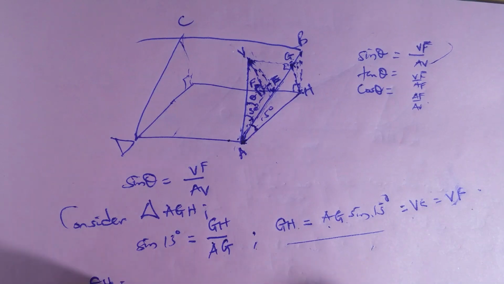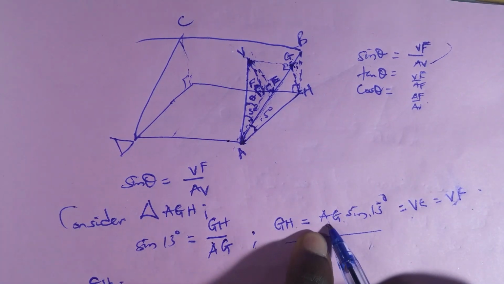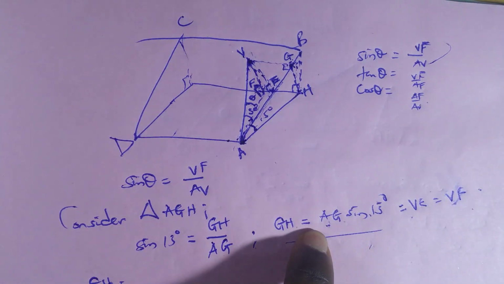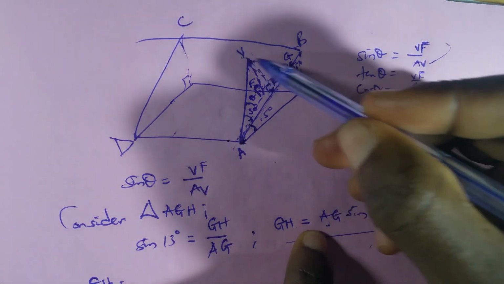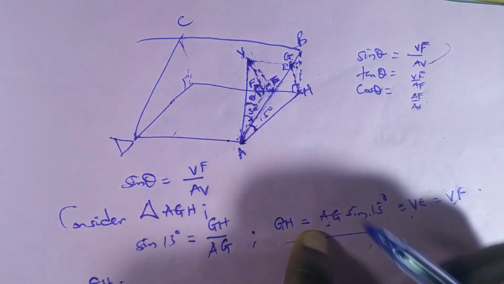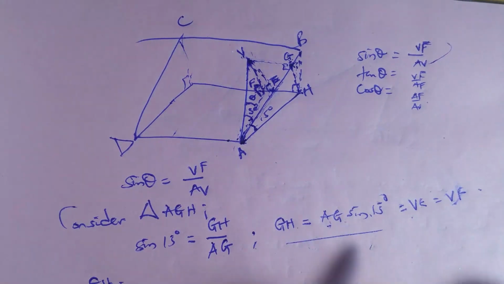So we can get our AG next, since we have a problem there. We don't have AG. So how can we get our AG? I think we can get it from triangle AGV. Let's go ahead.